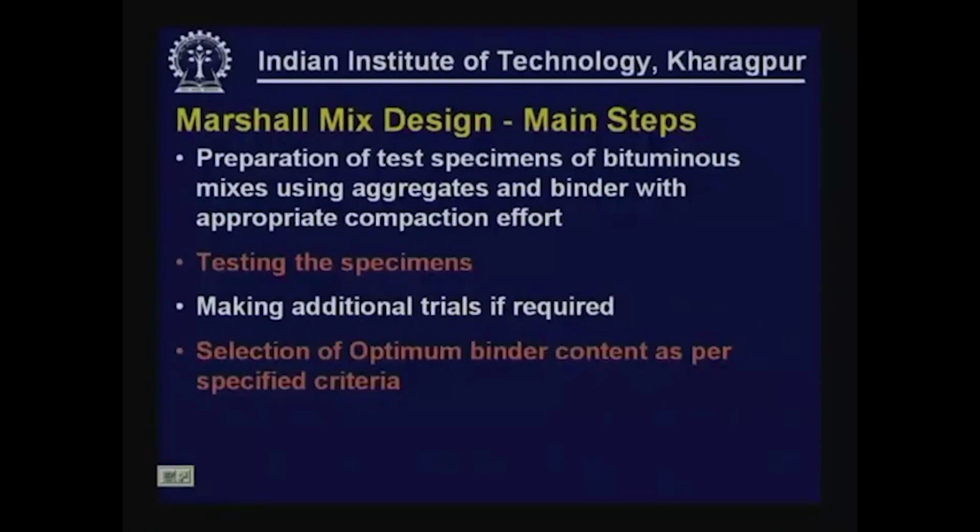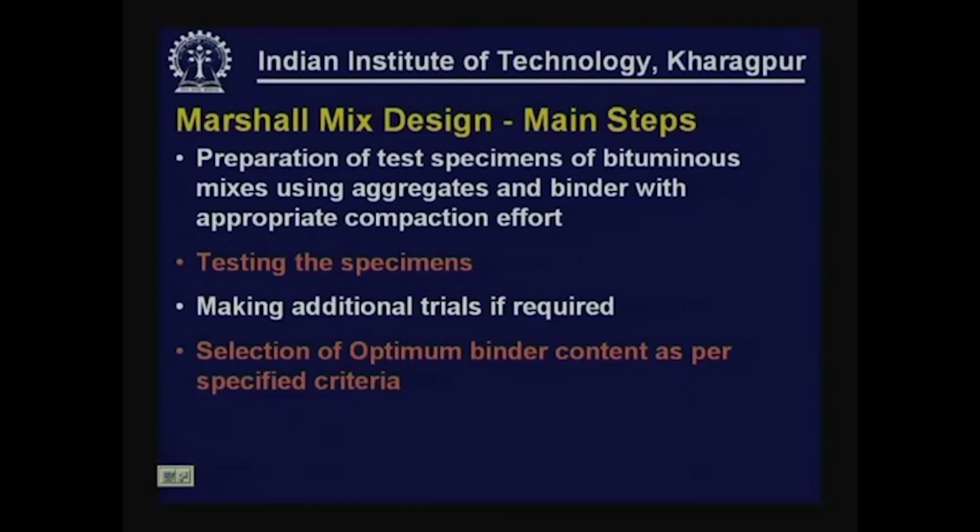So, we expect for all highways we are talking about heavy traffic volumes. So, we are talking about compaction that is produced by heavy traffic over some period of time. So, we are talking about heavy compaction. So, that is what we are going to discuss about. Rather, all the specifications of Ministry of Shipping and Road Transport and Highways is based on heavy compaction effort.